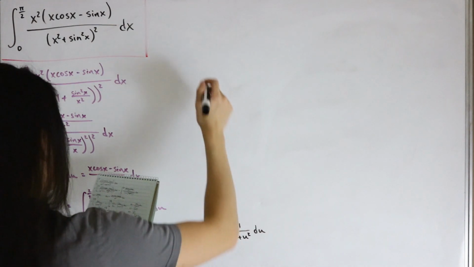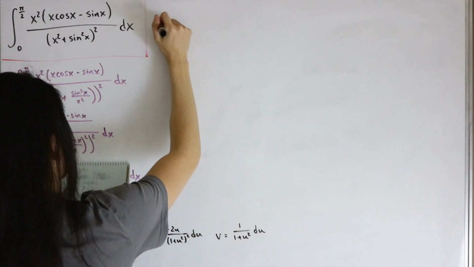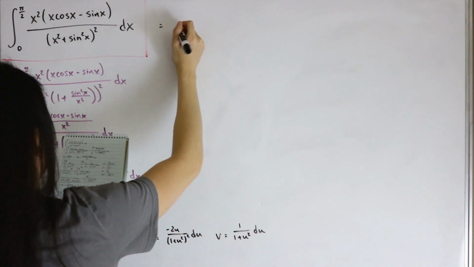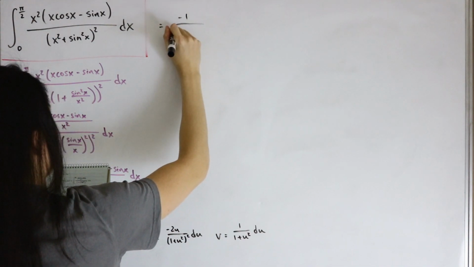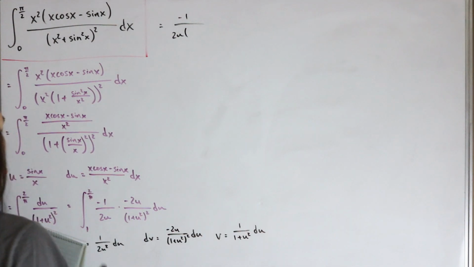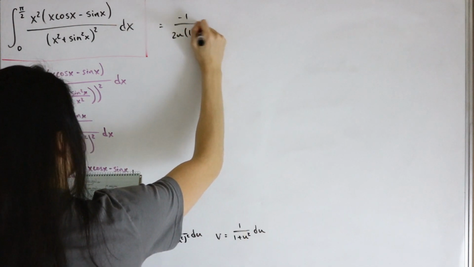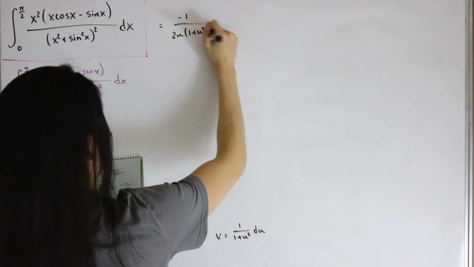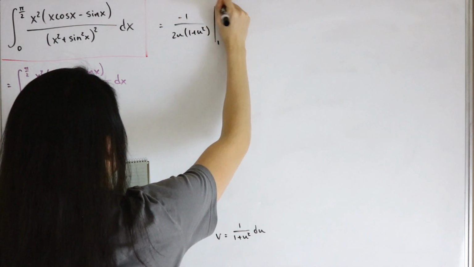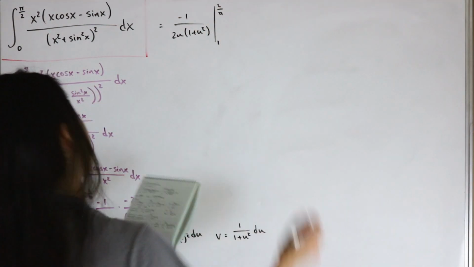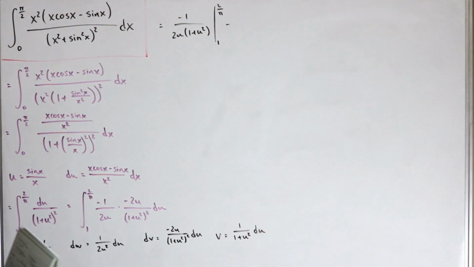So our new integrand so far is negative 1 divided by 2u, times 1 plus u squared, evaluated from 1 to 2 divided by pi.